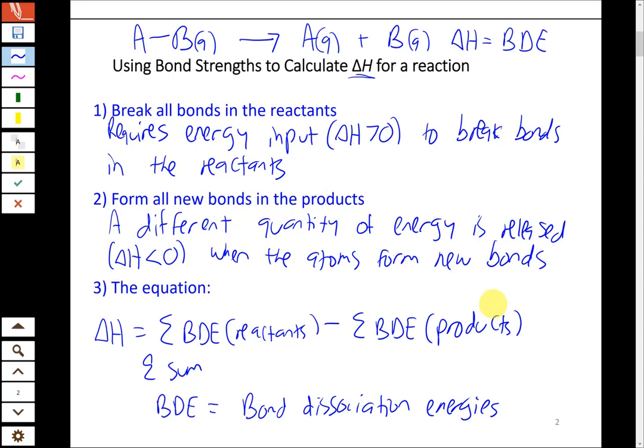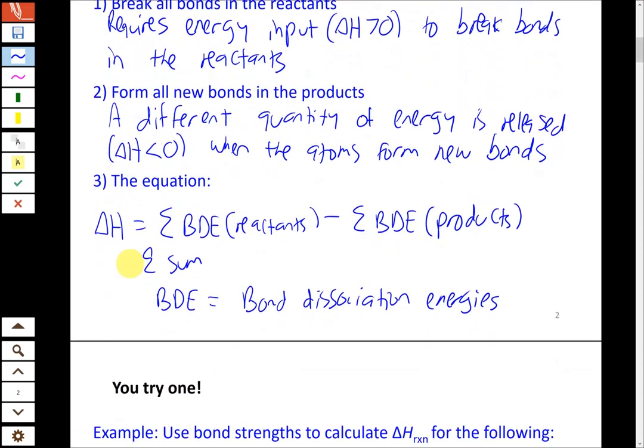And it's also important to account for bond order because, as we talked about in chapter 3, the bond order is going to be a strong determinant of what the bond energy is. So if we give you a reactant O2, you need to know that that's a double bond because that's the correct value of the bond dissociation energy you're going to use for that, not the single bond value, which would be much smaller. All right, but we'll get into that here.